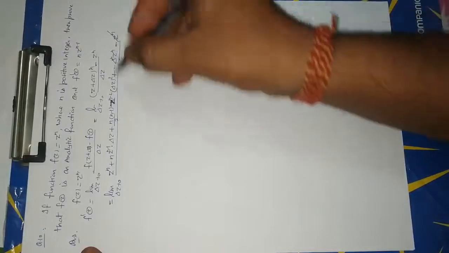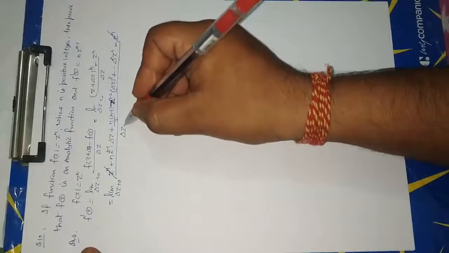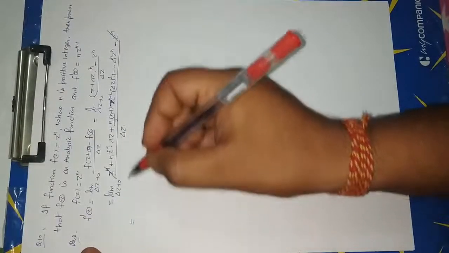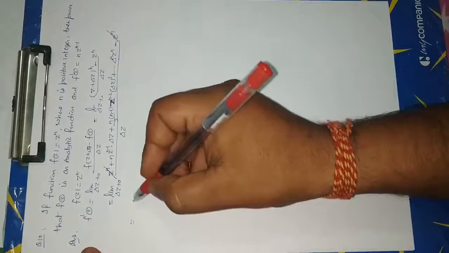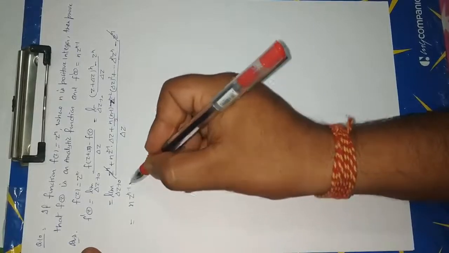The first term is cancelled by the last term. Now delta z, this is equal to n z to the power n minus 1.